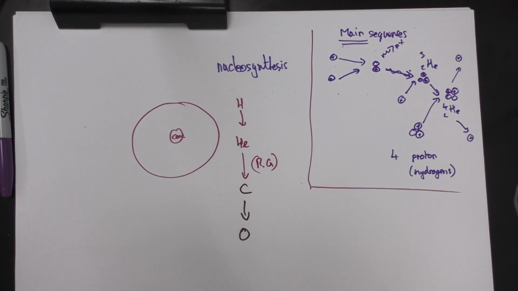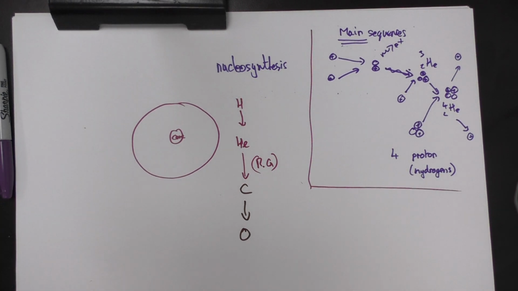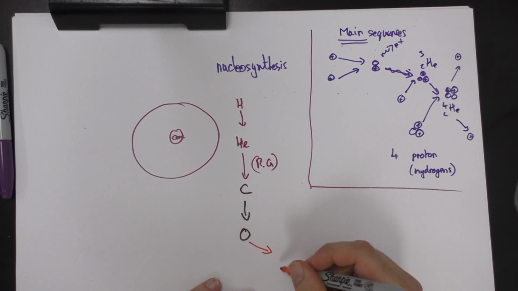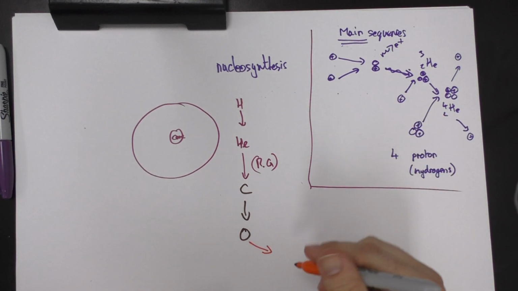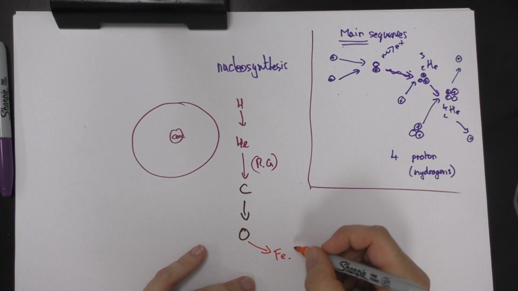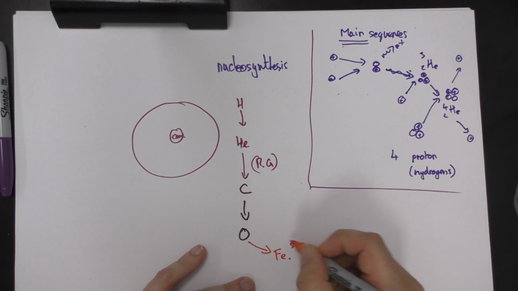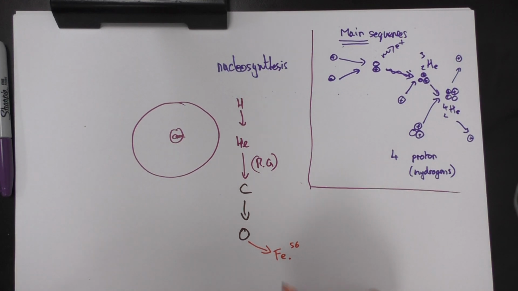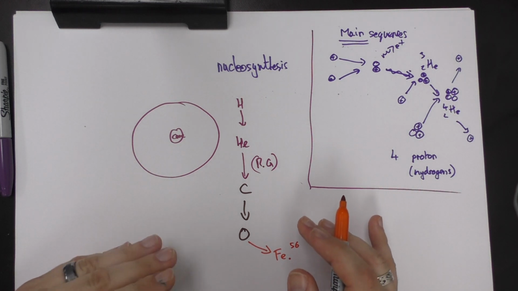And the cool thing about that is that we can keep going and keep going, and you hopefully will remember from studying binding energy, or if not, you want to go back and have a look at the video, that we can fuse elements all the way up to, generally, for the most massive stars, iron. This is iron-56, that's the atomic mass number of iron. So how do we even get heavier elements?